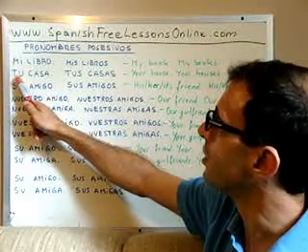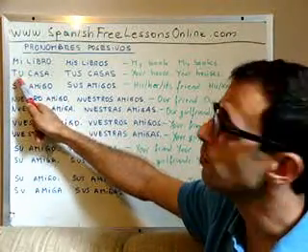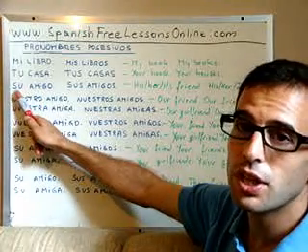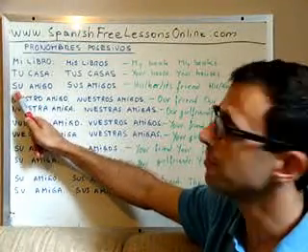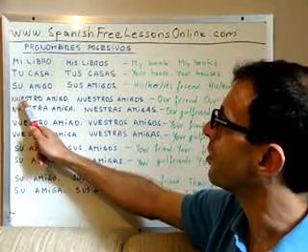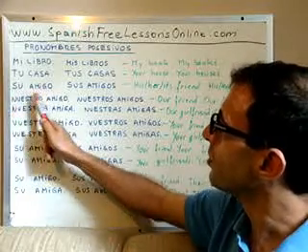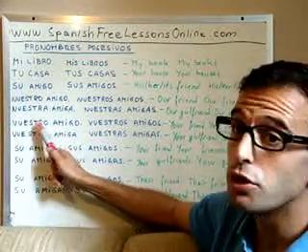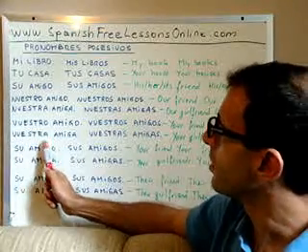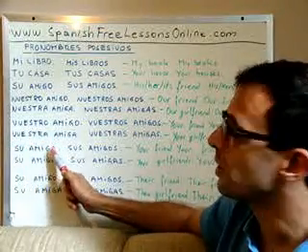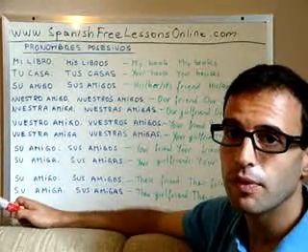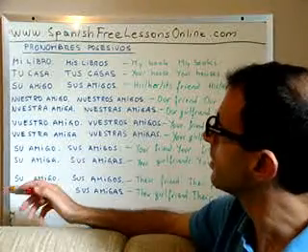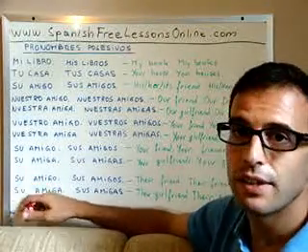For you or tú, for he, she, it, or él, ella, for we or nosotros, for vosotros or you. This is also for you plural, ustedes, the Latin American form, and for they, ellos.